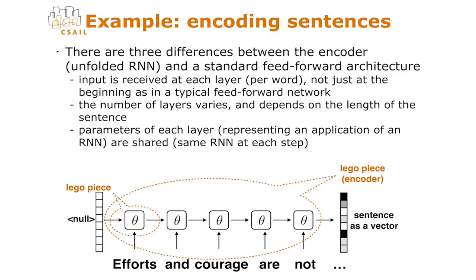The third difference is that since we are applying the same box as a way of turning the previous summary and the new information into an updated summary, we are applying the same parameters at each of these layers. So we are not adding parameters that depend essentially on the layers of the neural network.